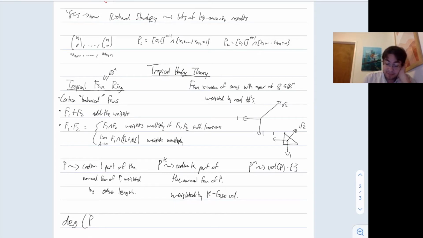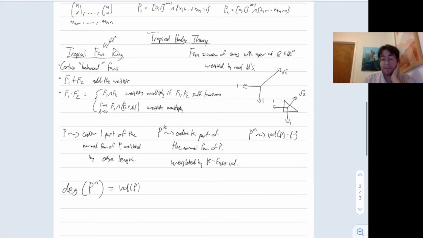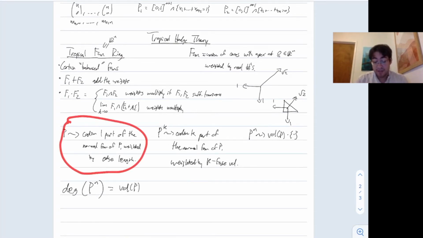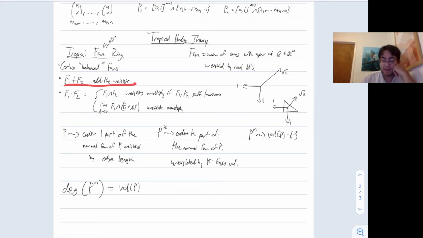So the degree map, when I apply it to the top power of a polytope, gives me the volume of the polytope. And it turns out very formally that if I take the Minkowski sum of 2 polytopes, it corresponds to adding the weights on the normal fan. So this ring encodes Minkowski addition very nicely.